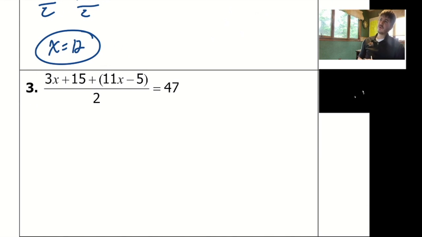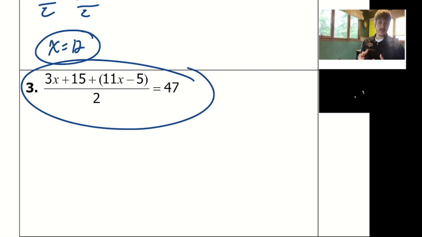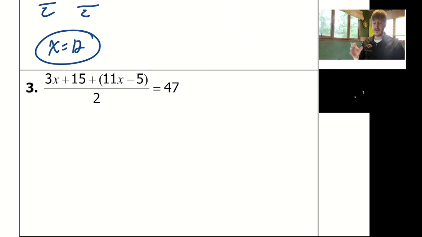And then this is really good to practice because we're going to see this a lot when something is divided by 2. You have a lot going on the top, and then something is divided by 2, and then equals some number. So we're specifically practicing this right here because one of the rules is kind of replicate what this looks like. And there's a few ways you can do it.